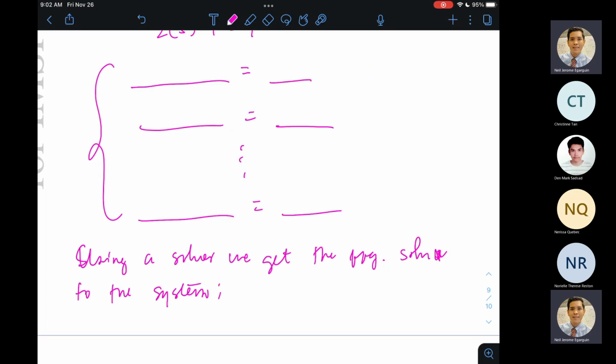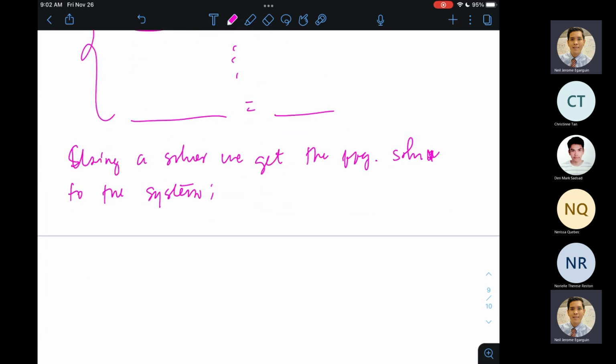So hindi naman kami terorista na ipapasolve namin sa inyo by hand yung 10 by 10 nonlinear system na yan. So gumamit kayo ng solver. Find something online. Check if MATLAB can do that also for you kasi medyo malaki na to. 10 by 10 na yung system.